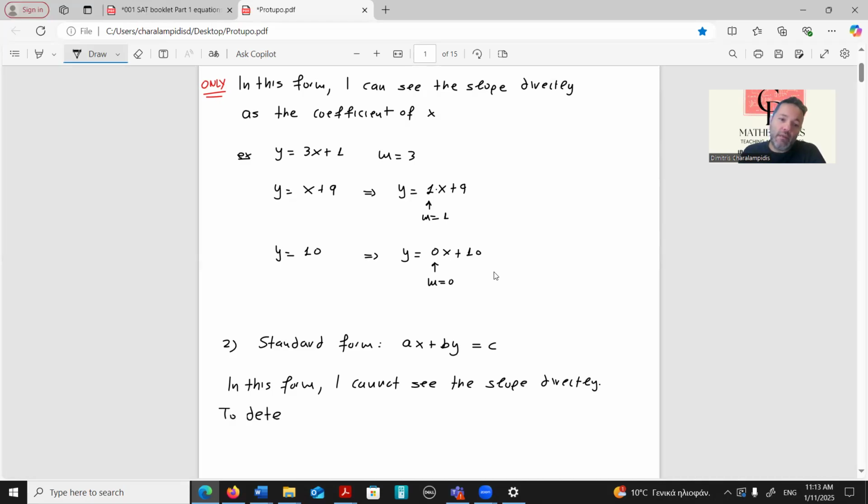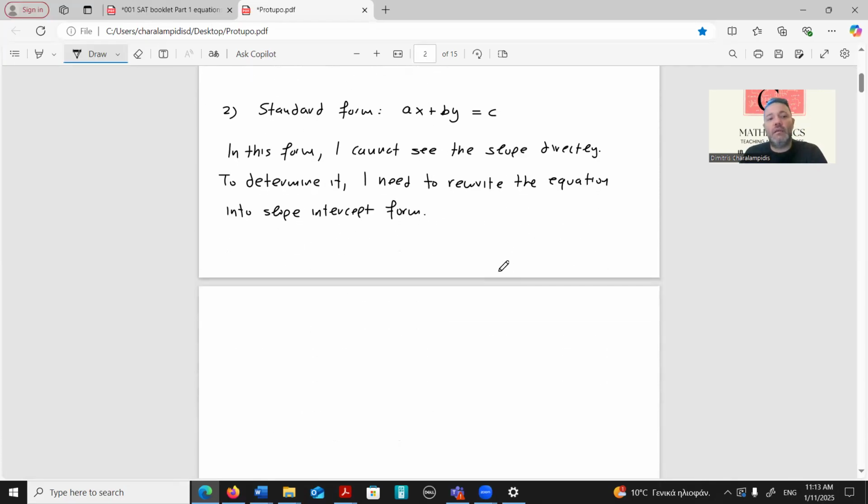To determine it, I need to rewrite the equation into slope-intercept form. For example, 2x plus y equals 9. This would mean that y is minus 2x plus 9, so m is negative 2. The slope is negative 2.